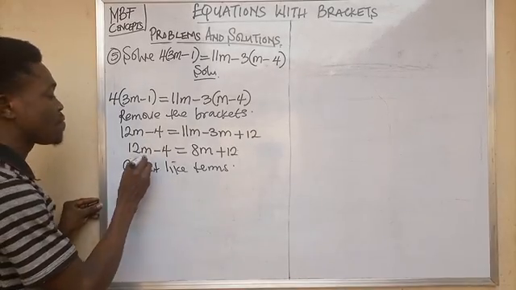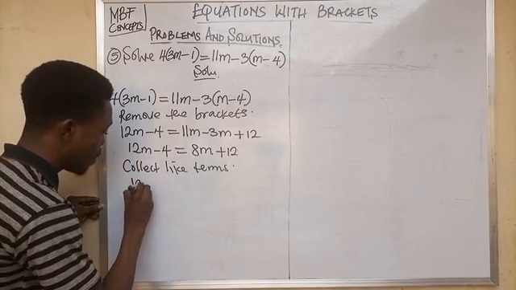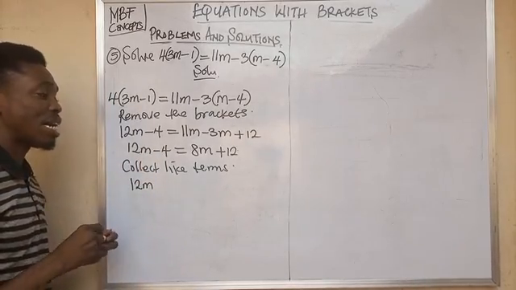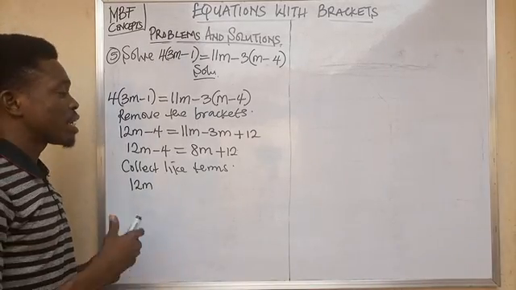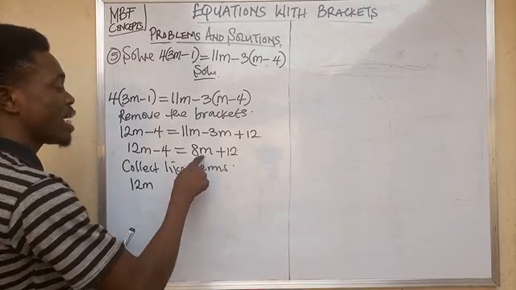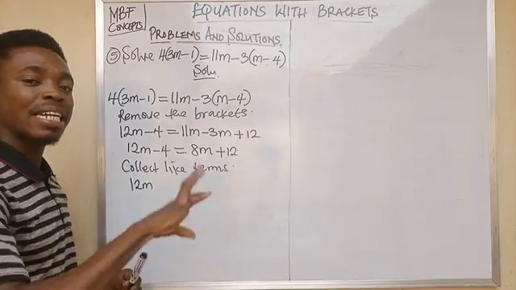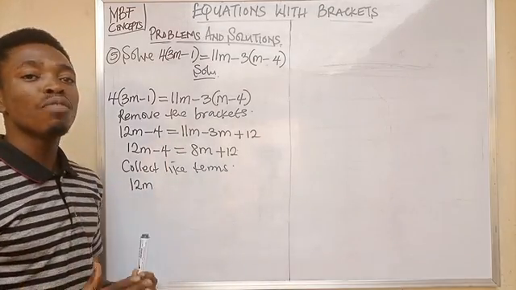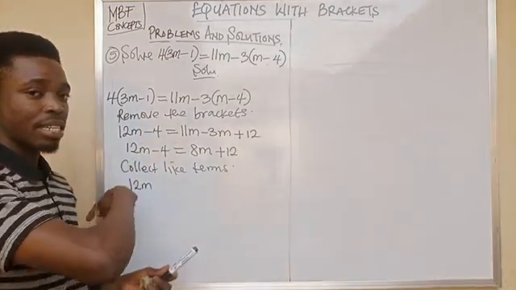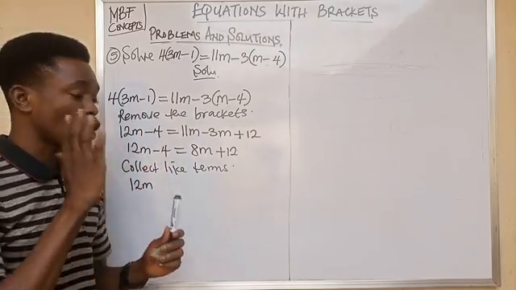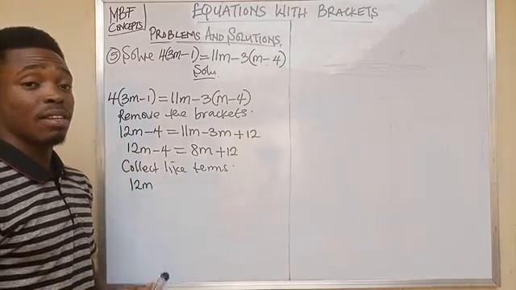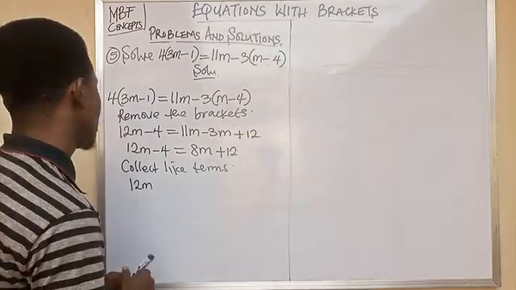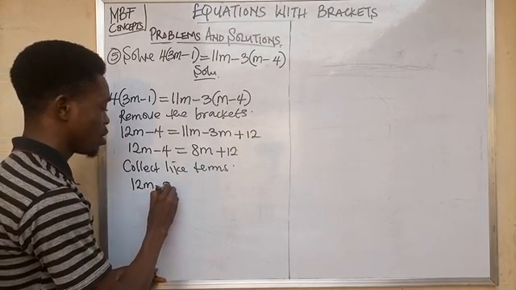Therefore, the first variable that I have here is 12m and it is at the left hand side originally. The next variable that we have here is 8m, and this 8m is at the right hand side. Now we will move it from the right hand side to the left hand side, and as plus 8m crosses from the right hand side to the left hand side, then we will have this as minus 8m.